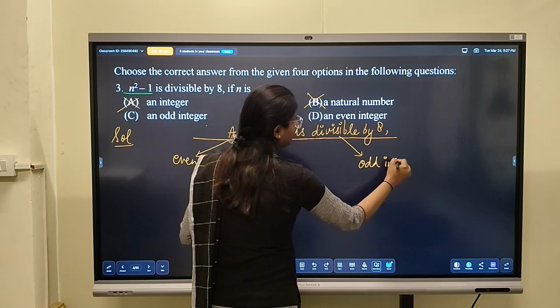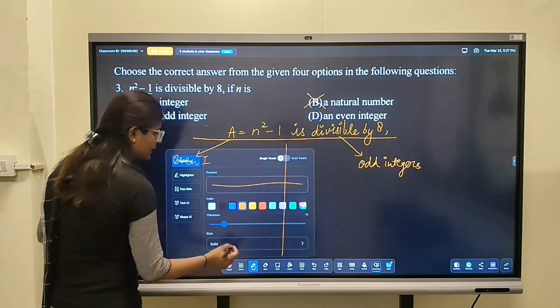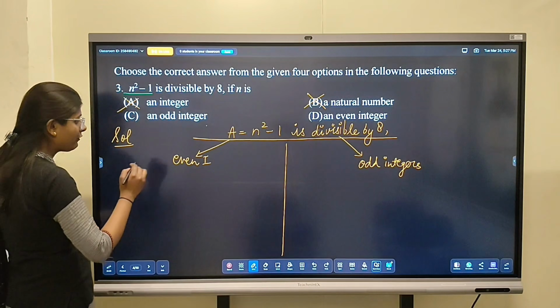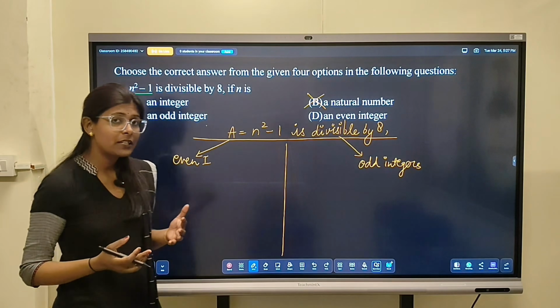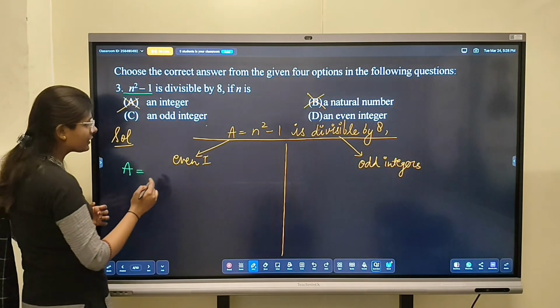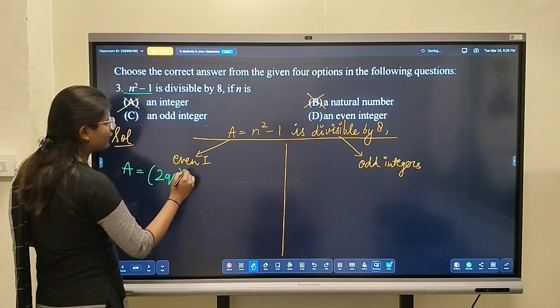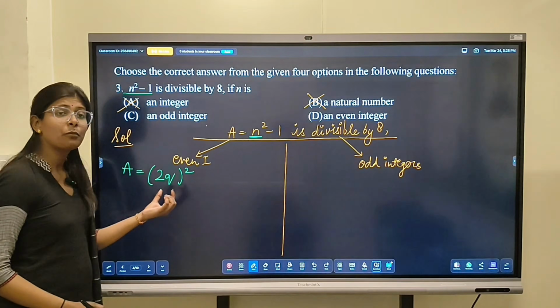So let's see what works well. Okay, let's have a segregation and see the question. Now, if n is an even integer, then what is the form of even integers? Think of it. Yes, it is 2q, right? So can I write it as 2q square instead of n? I'm saying that it is in the form of even integer.